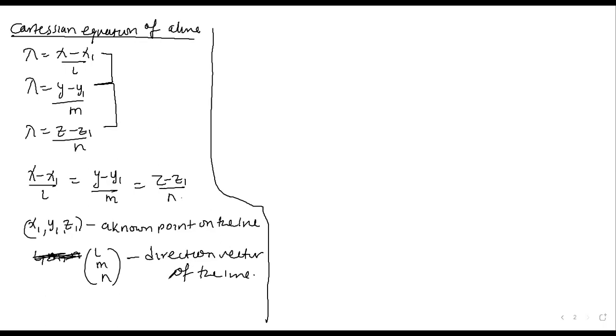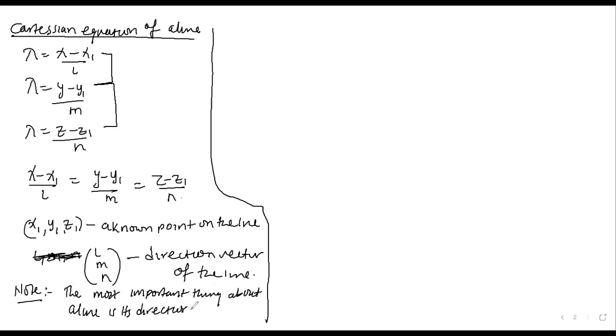Now, note, the most important thing about a line is its direction vector, d.